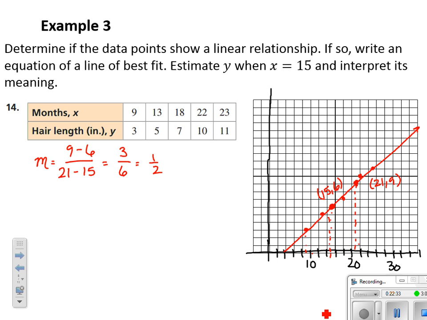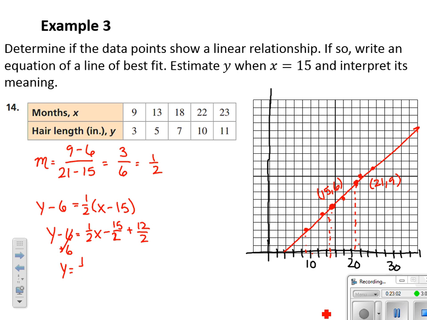Again, we're just using this to approximate. So now I can take one of those points. I'll use 15.6, run it through my point slope form. y minus y1 equals m times x minus x1. And I get 6 equals, let's distribute. And let's add over our 6, which would be 12 halves.